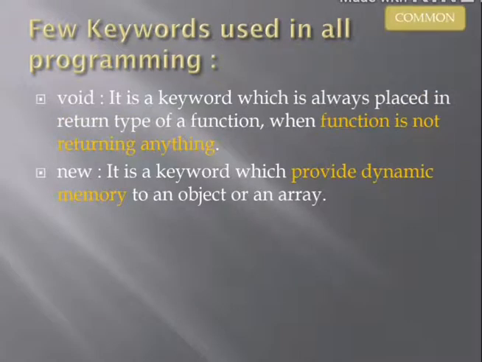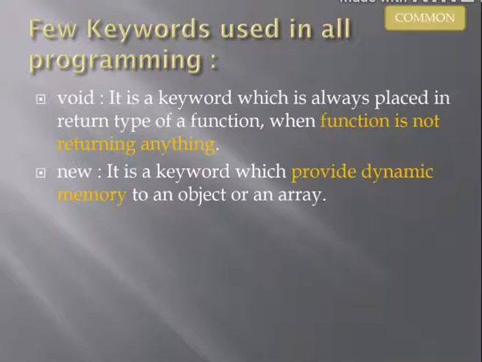And then void. Void is also a keyword which is placed in front of the main function. You have seen that, but we can place void with any function, and void shows us that this function never returns us anything.